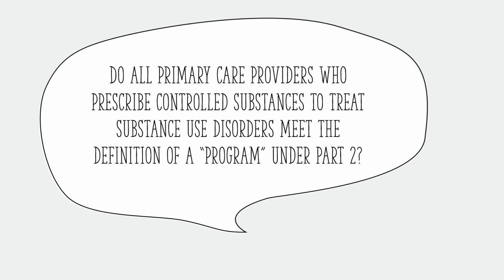In order for a program in a general medical care facility to share information with other parts or units within that facility, administrative controls must be in place to protect Part 2 information if it's shared.